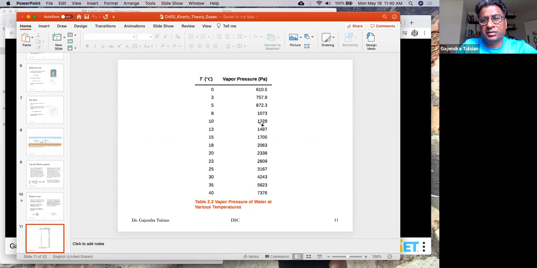So at 10 degrees Celsius, it's 1,000 pascals. And remember that atmospheric pressure is 100,000 pascals. So this is 1%. The partial pressure of water vapor is 1% of the atmospheric pressure. At 18 degrees Celsius, it's 2,000 pascals, so it's 2%.